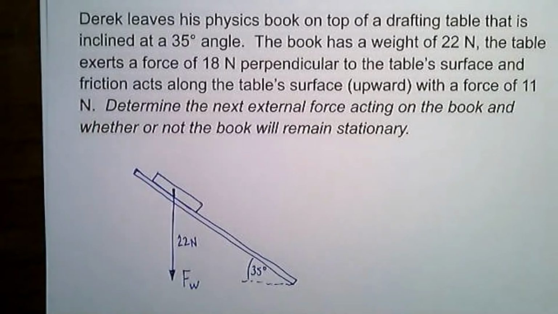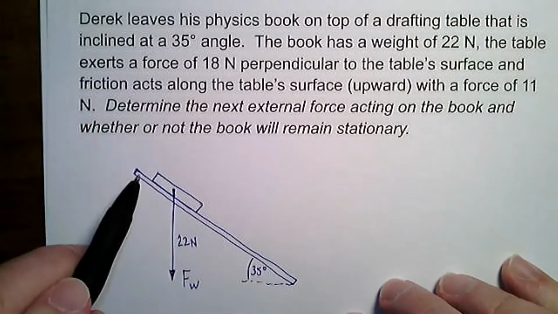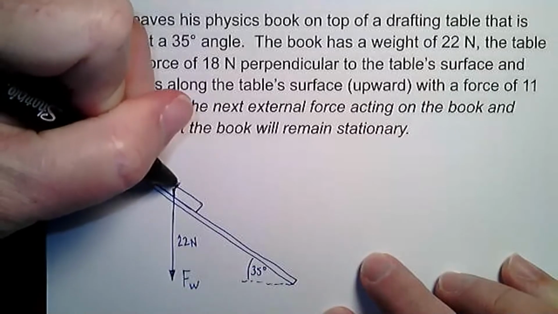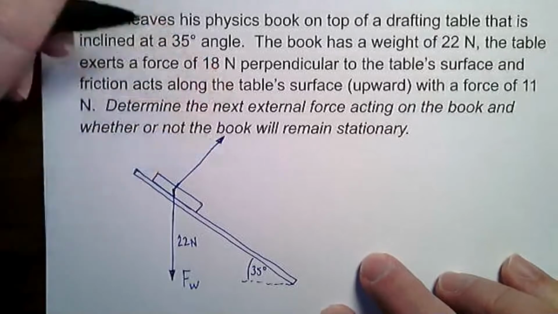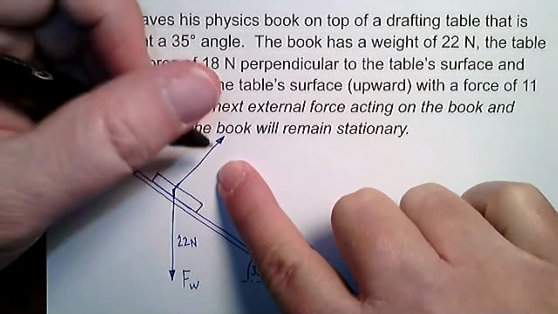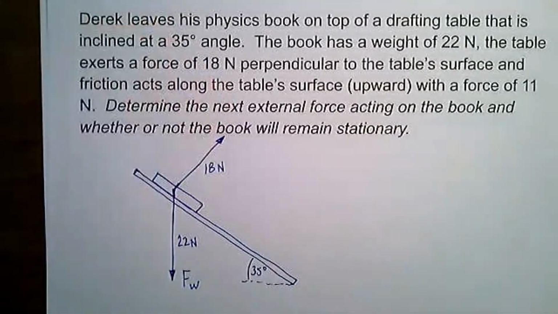Okay. They say that the table exerts a force of 18 newtons, which is perpendicular to the table's surface. So if this is the table's surface, then this force that's perpendicular to it is going to go off in this direction. And we know that this particular force, they've told us, is 18 newtons. All right, so there's the second force written in.